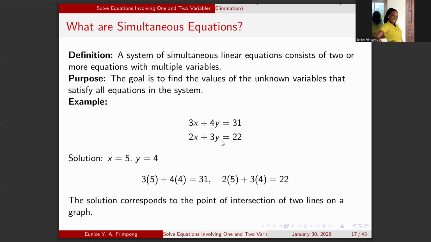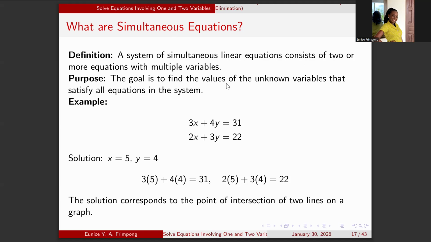Once we have 2 equations like this, we say that we have a system of equations. So we call it simultaneous equations because you have two linear equations in two variables and you are solving them at the same time. So a system of simultaneous linear equations consists of two or more equations with multiple variables, that is two or more variables.